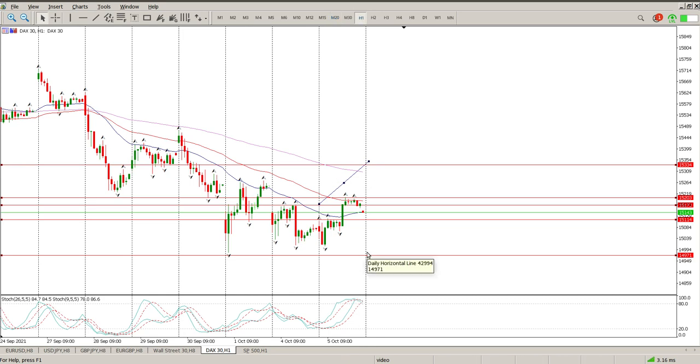You're looking for some kind of a pullback, some kind of structure. The key to this is that we need a higher low. If we can get a higher low to form, then it's well worth the opportunity to take the trade, and you're looking for this 155, and then you're looking for this 15,334. So first the 155 EMA, and then you're looking for a level which is 15,334. Okay, so that's kind of the view to that.